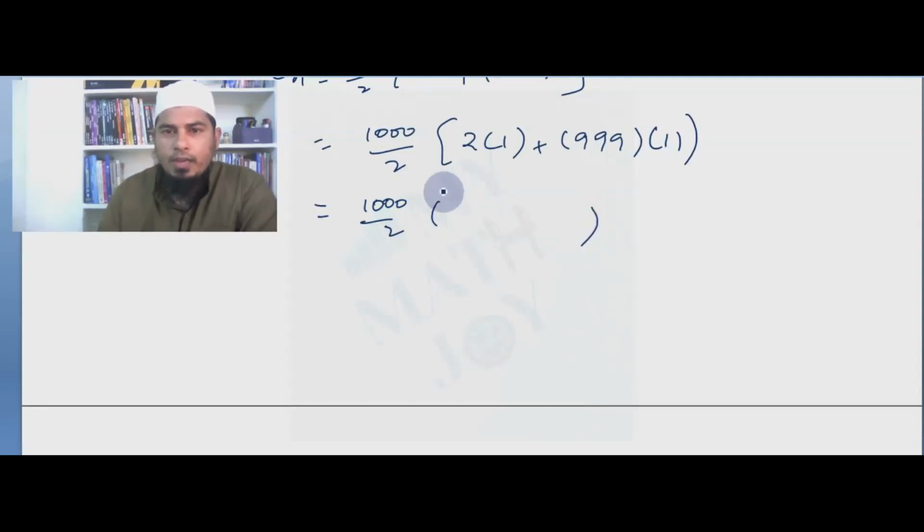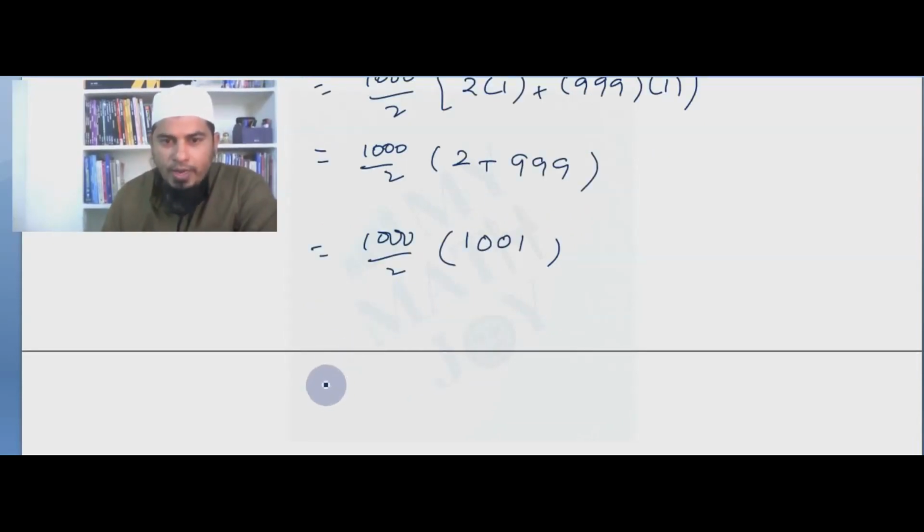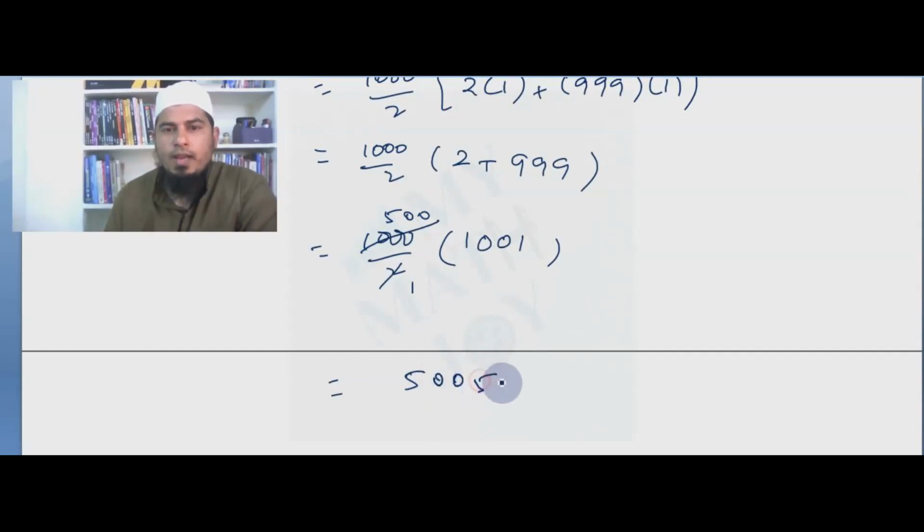If you are doing the simplification, 999 plus 2 is 1001. We want to cancel it. You get 500. We want to multiply this. You will get 500500. This will be the answer.